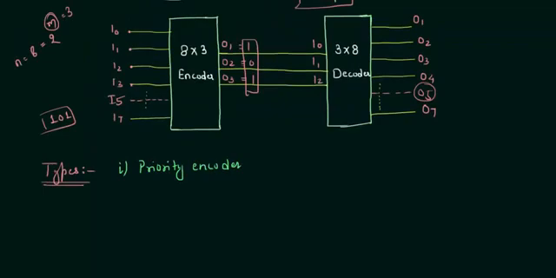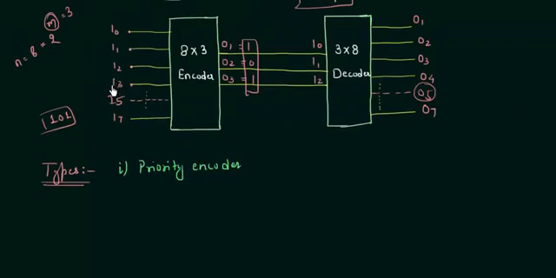Another important thing is the types. There are 4 types of encoders that we have to see. The first one is the priority encoder. Let's see what happens in this particular type of encoder.